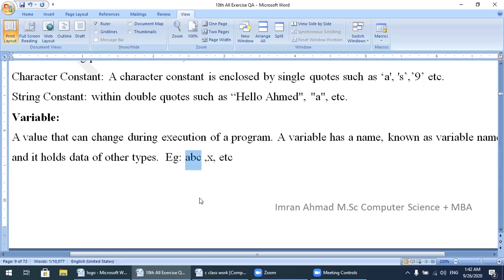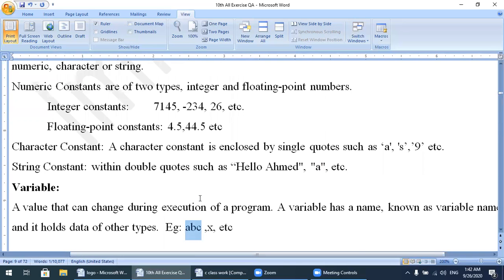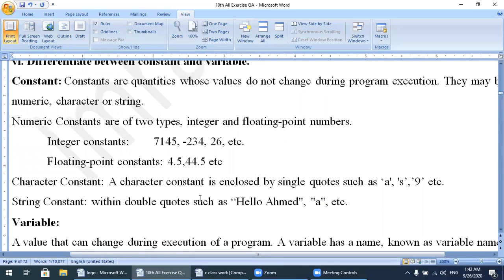Keep in mind one more definition of variable. The definition of variable in C language or in any programming language: those quantities which can change their value are known as variables. Or the name of a memory location is called a variable.